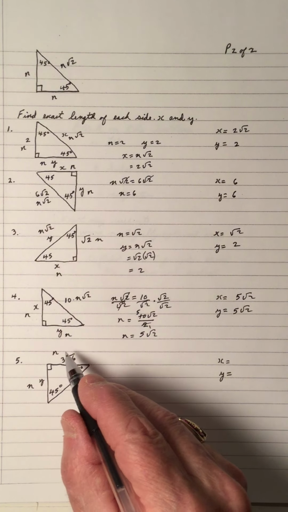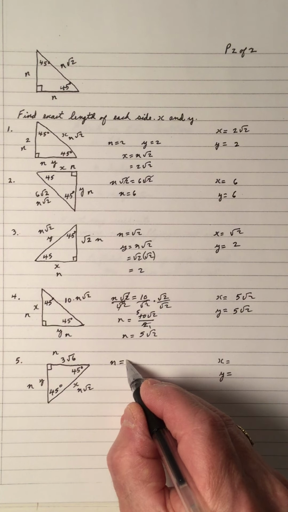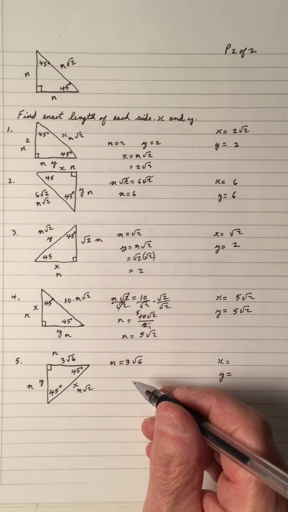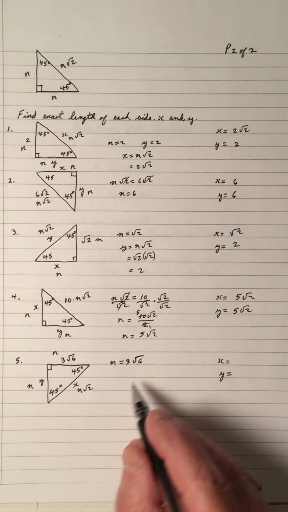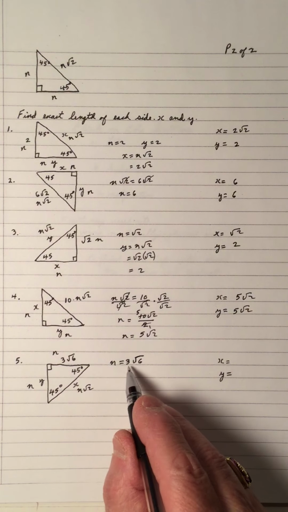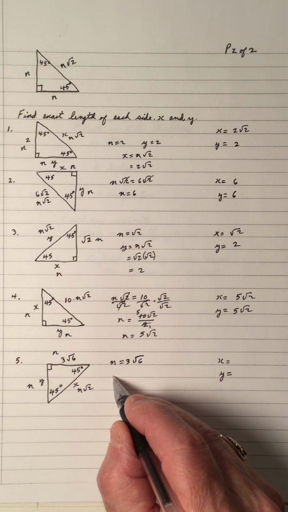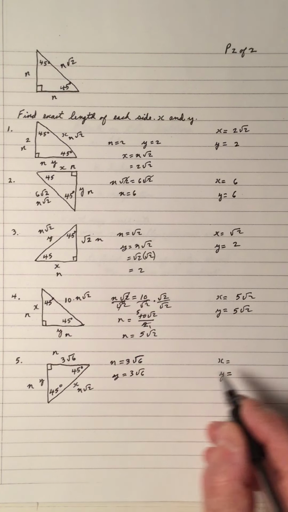We know that n is 3 root 6. Sorry, I said it backwards, didn't I? That's the little bit of learning disability catching up with me. Anyway, n is 3 root 6. So that means y is n, so y is 3 root 6.